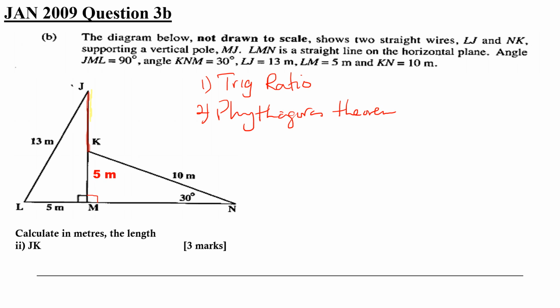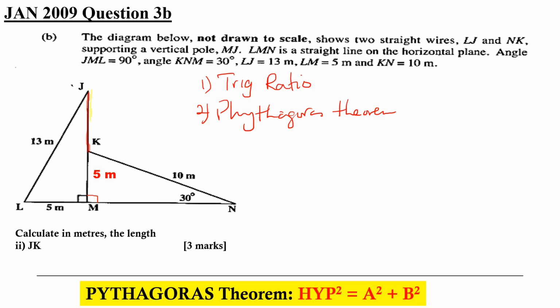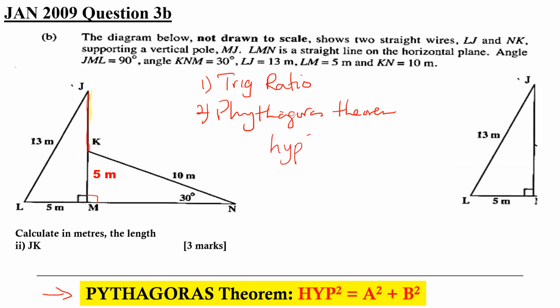Okay, so if we take that triangle out, you notice the Pythagoras theorem rule here. So we took the triangle here, JLM, and we have it here. So we're going to use the Pythagoras theorem rule. So it's the hypotenuse squared equals a squared plus b squared.